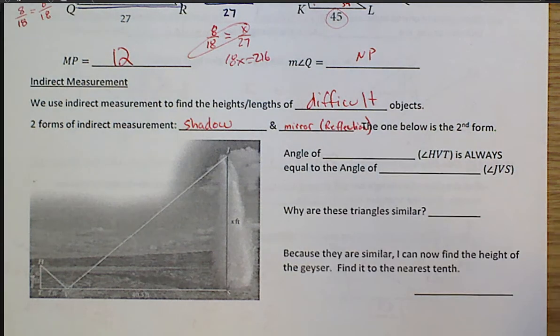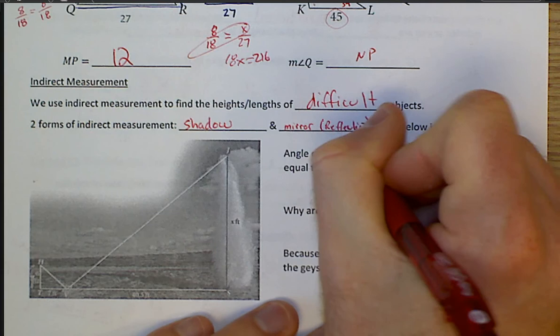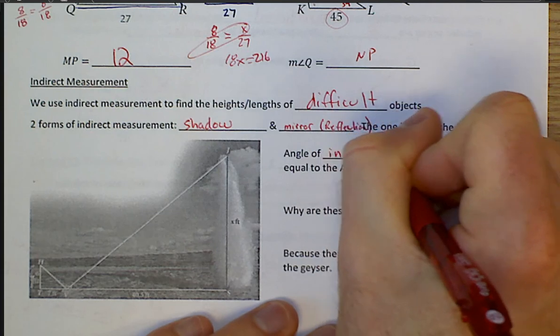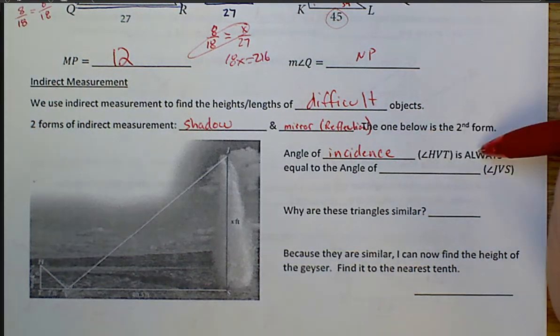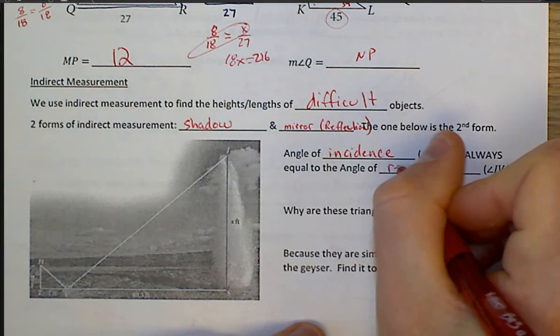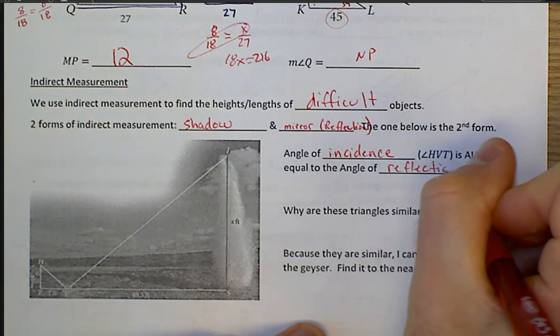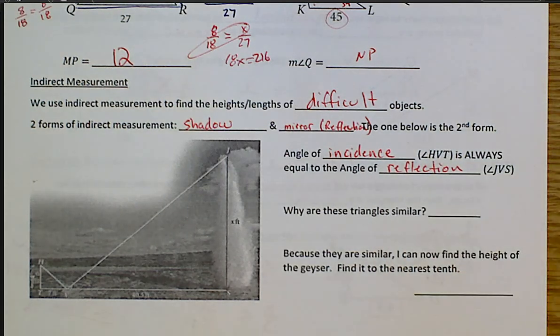Now, I want to talk about this angle right here off the mirror. Excuse me. That's called the angle of incidence, and it is always equal to the angle of reflection. Okay? I'll kind of explain that here in a second.